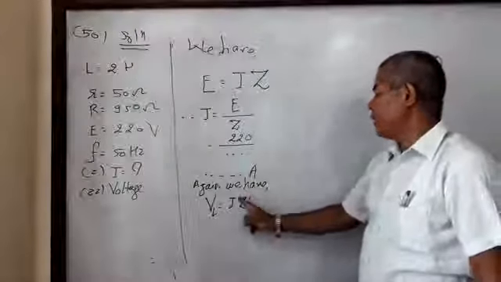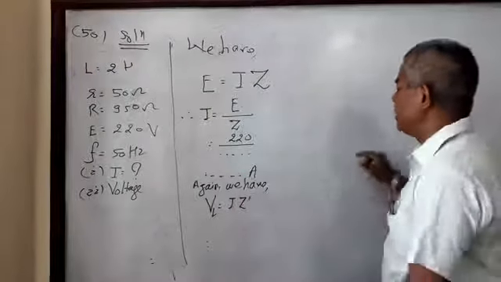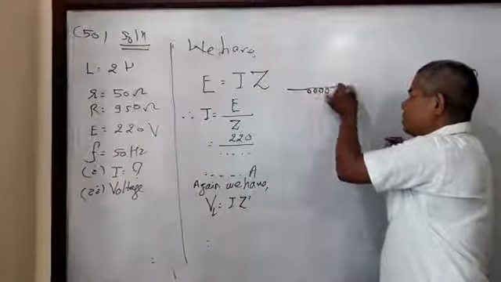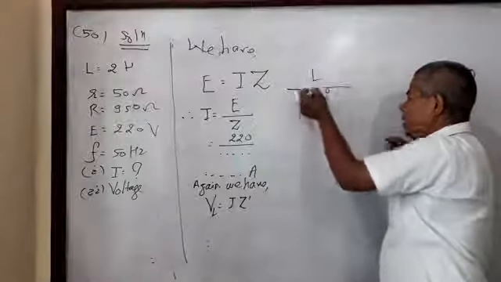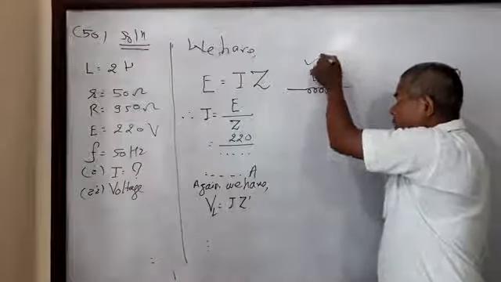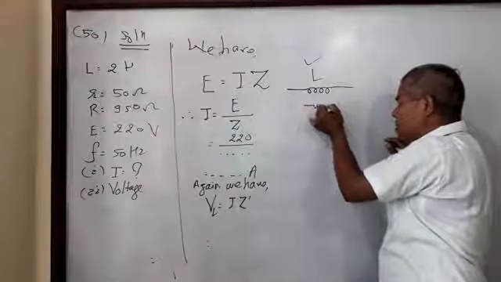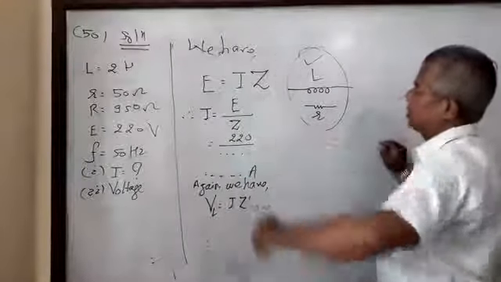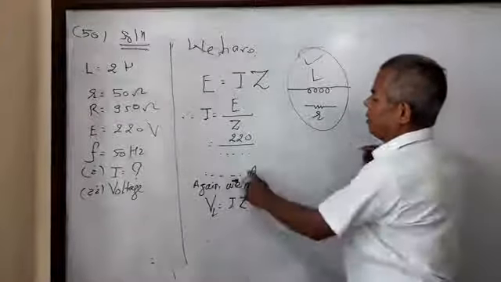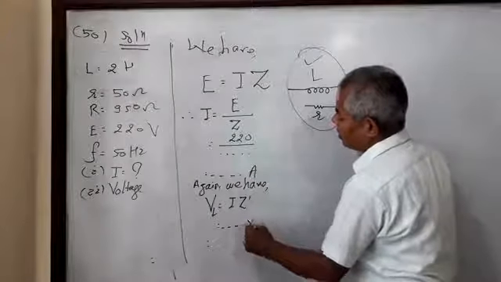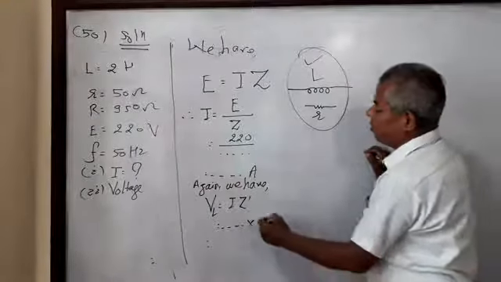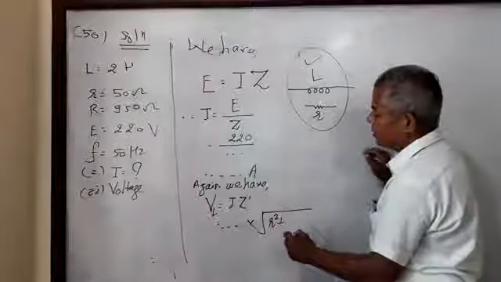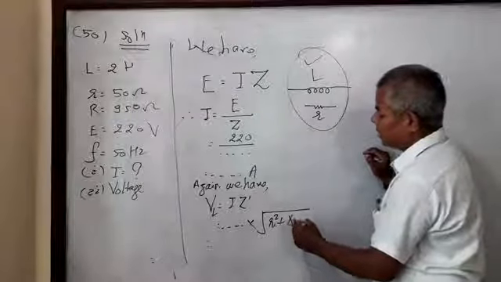The new impedance of the inductor. Why a new impedance? Because the coil is not pure. It has inductance as well as internal resistance. That's why the new impedance is Z dash. The current is already determined, and Z dash is replaced by root under R square plus XL square.